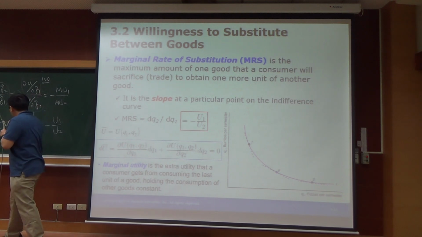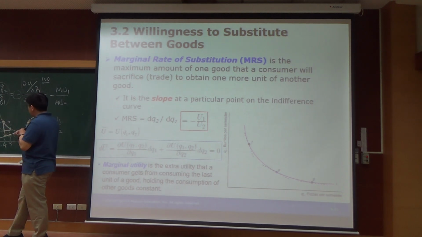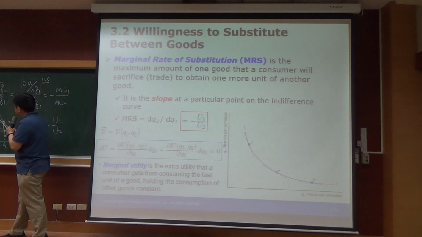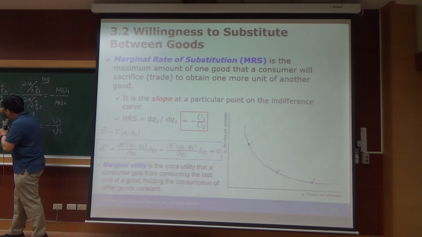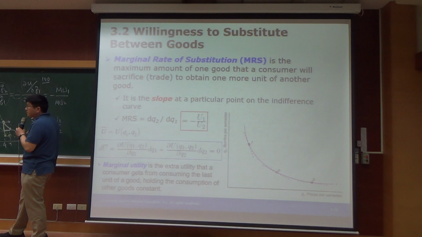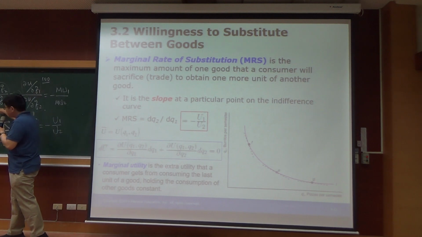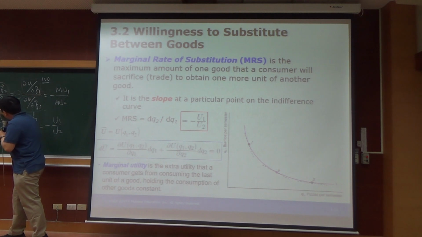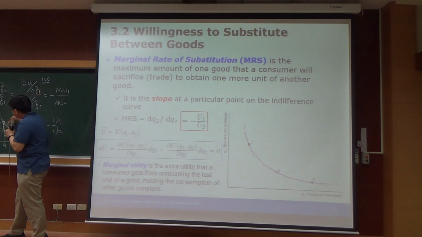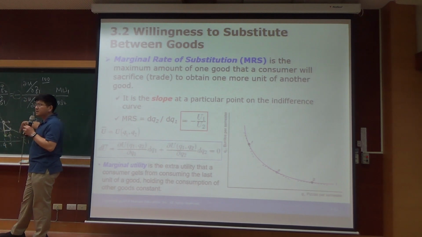So along the indifference curve, your willingness to sacrifice will decrease, because when the points move along the curve from the upper left to the lower right, we get more and more pizza and fewer burritos. Got the point?